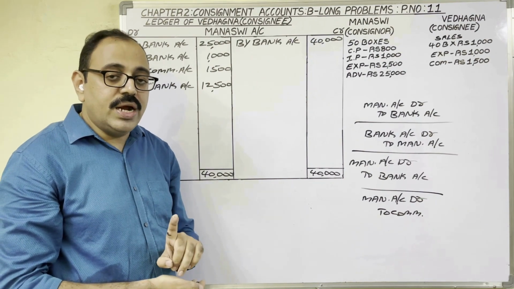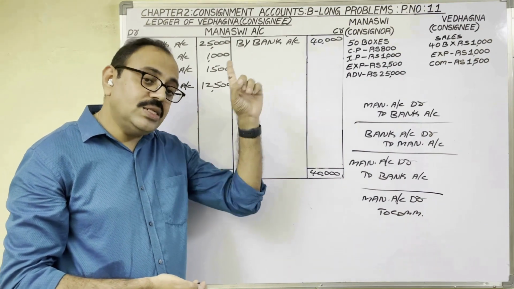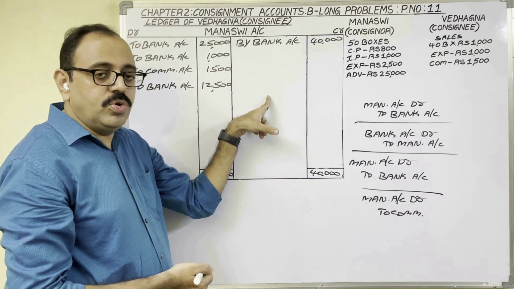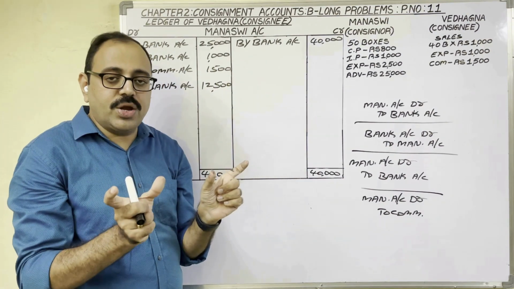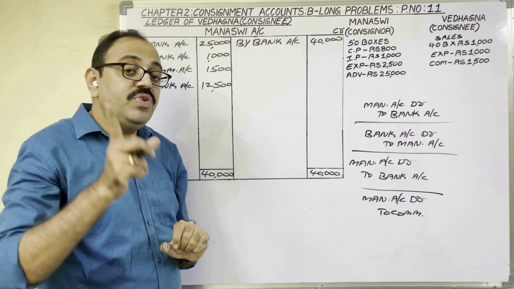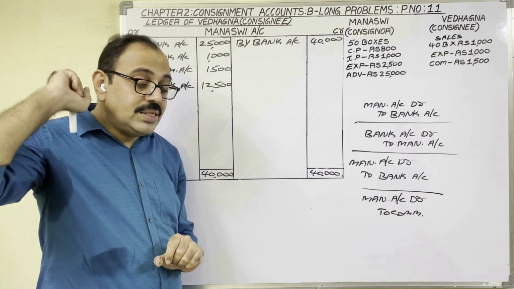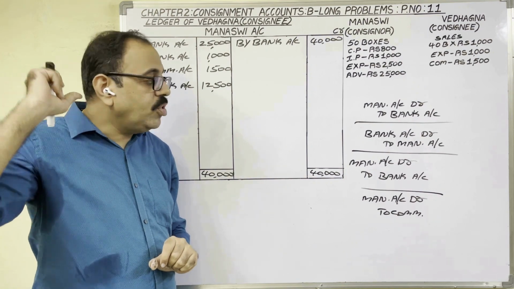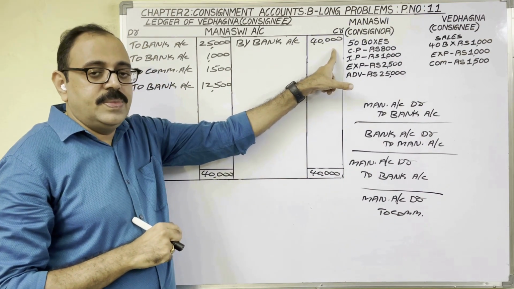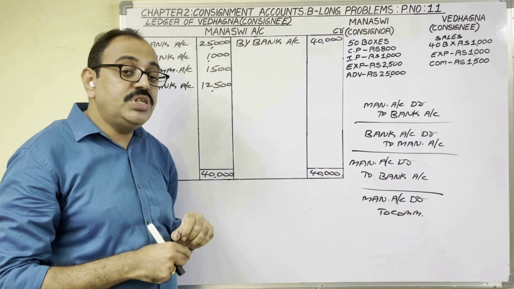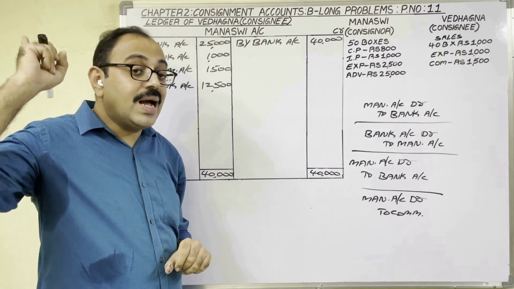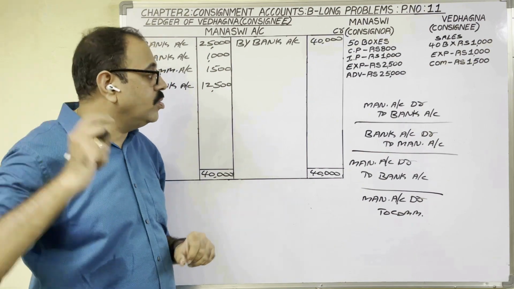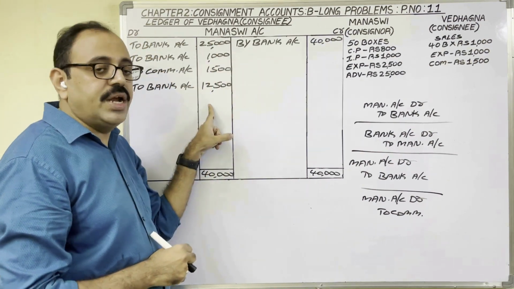So one should recollect consignee's account in consignor's books and consignor's account in consignee's books. One should compare these two accounts. The amounts which we have debited in consignee's account in consignor's books, all these amounts we have credited here. Similarly, the amounts which we have credited in consignee's account in consignor's books, all those amounts here we have debited.